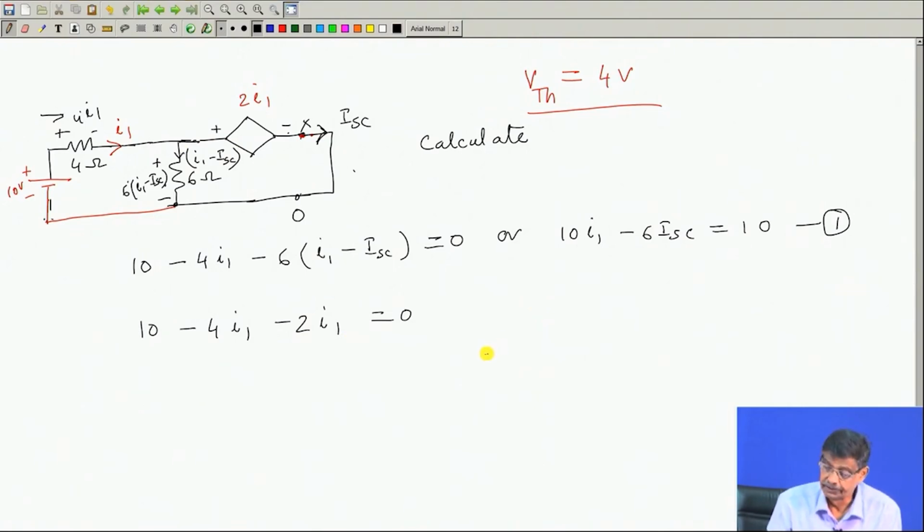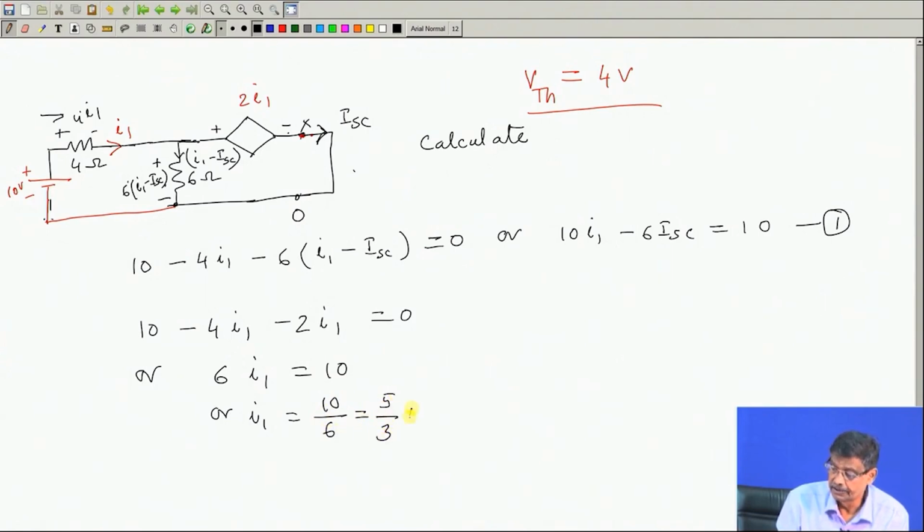So, the second equation is, from this equation you get 6 I 1 is equal to 10, or I 1 is equal to 10 by 6, which is equal to 5 by 3 ampere. But this is not the short circuit current. The short circuit current will be obtained now from this.